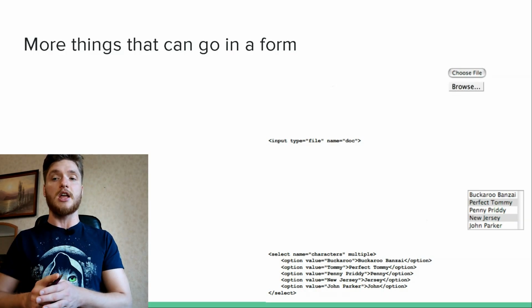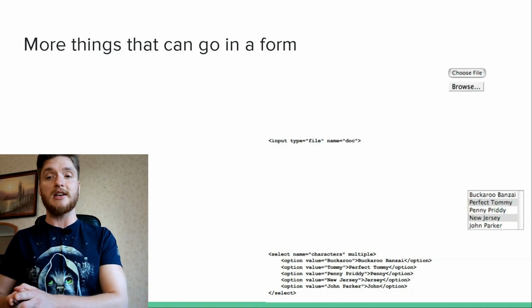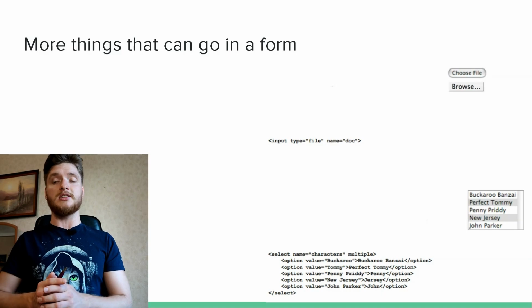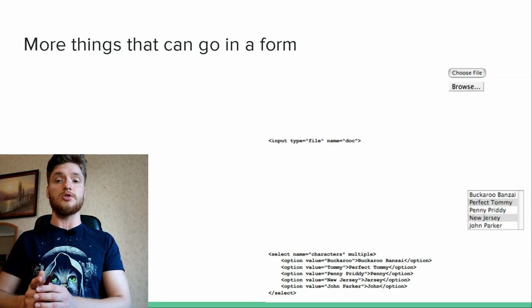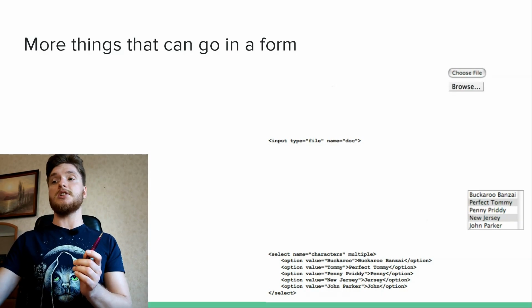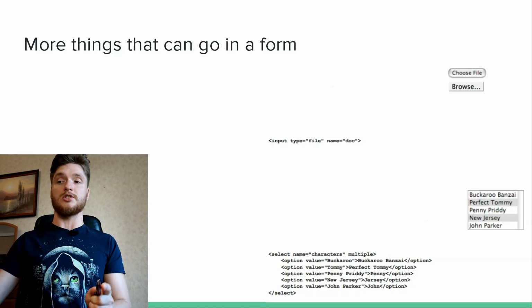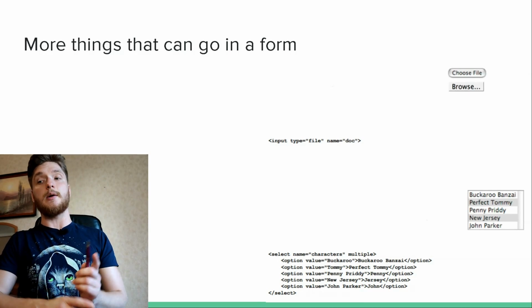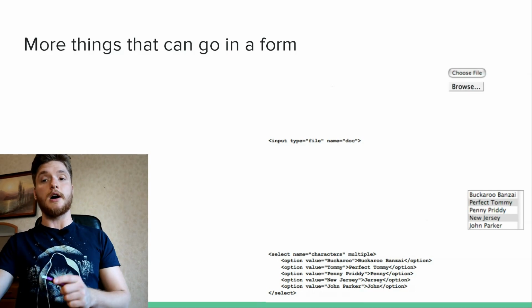Remember, your server script will need to be expecting a file upload, and also note that you must use the post method to use this element. Here's what the file input element looks like in a couple of different browsers. To create a file input element, just set the type of the input element to file.